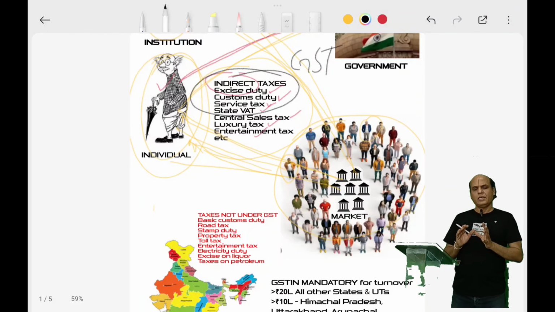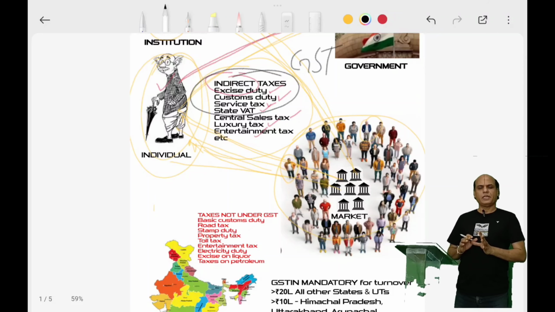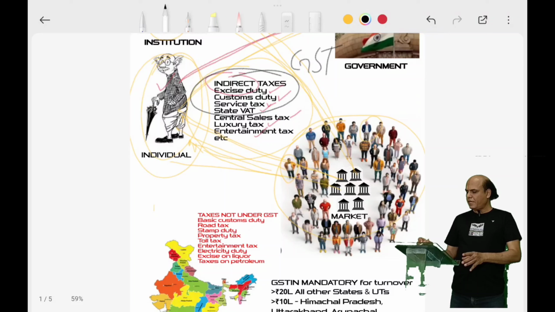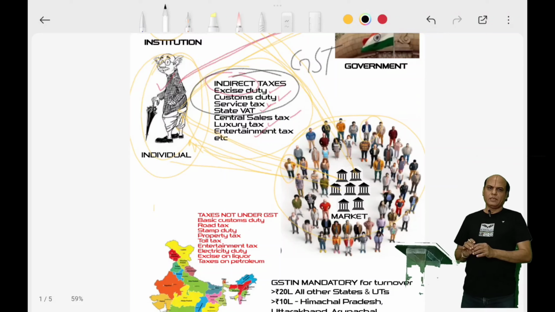It was a cumbersome procedure, and the tax regime was very complex and difficult to understand. So to simplify all this, the central government has imposed goods and services tax recently.